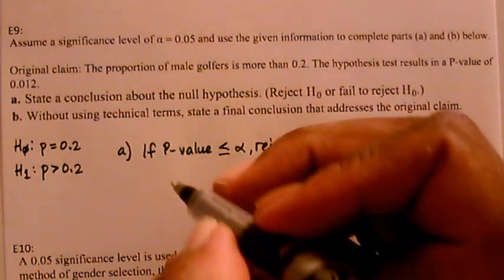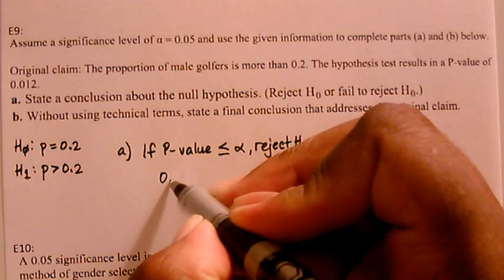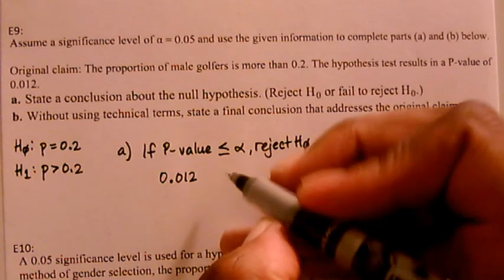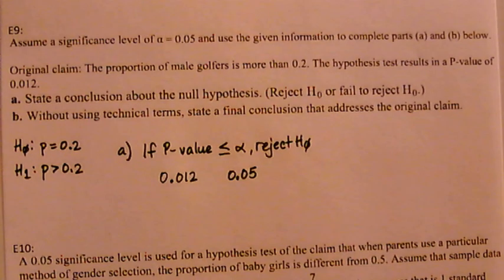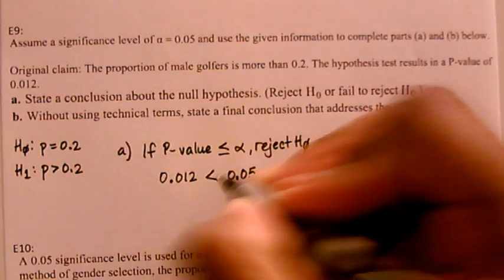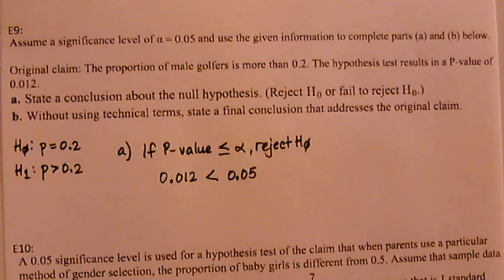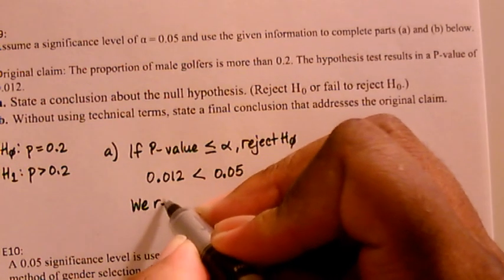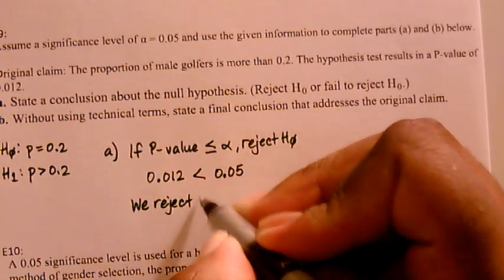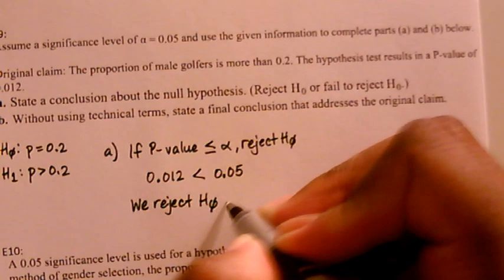And in this case, the p-value was 0.012, your alpha level was 0.05. And by comparing those two, 0.012 is less than 0.05. So that satisfies our decision rule, so that means we reject the null hypothesis.